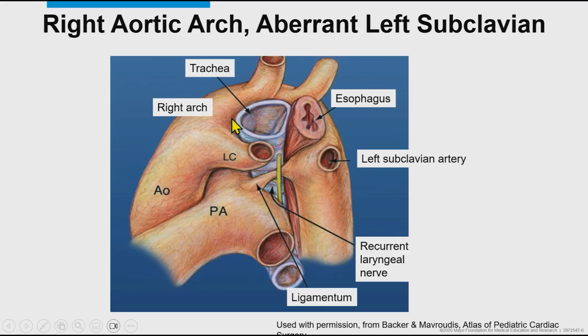So again, another form of a typical vascular ring where you have the right aortic arch on the right side, the left common carotid and ligamentum arteriosum on the left side, and posteriorly you have either the diverticulum of Kommerell or a portion of the descending aorta, which causes the compression in these patients.